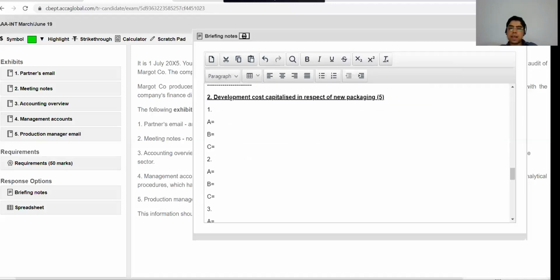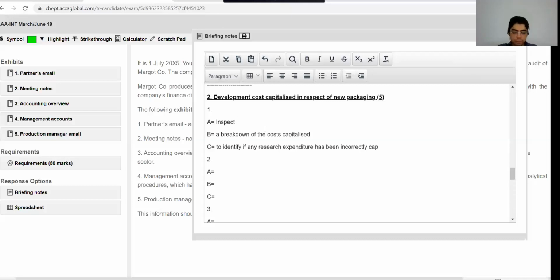Then look at the capitalization of development costs. Certain development costs have been capitalized in respect of new packaging. So what would you do? You would inspect a breakdown of the costs capitalized to identify if any research expenditure has been incorrectly capitalized.